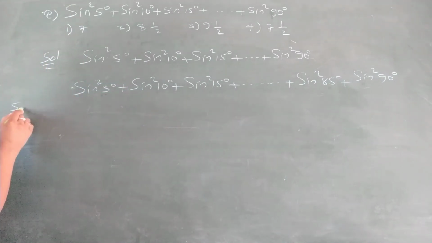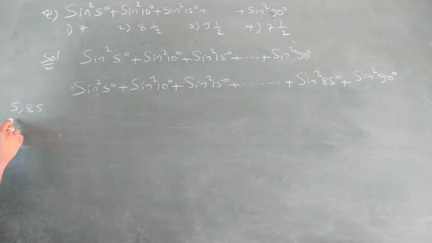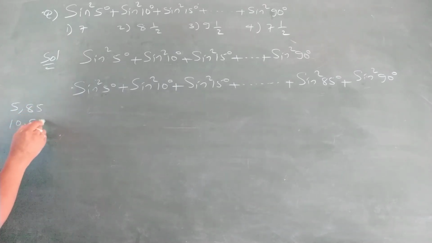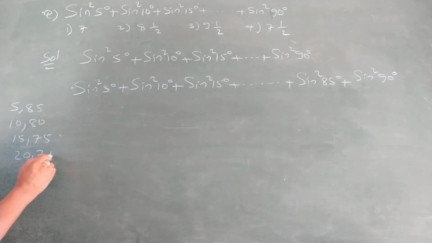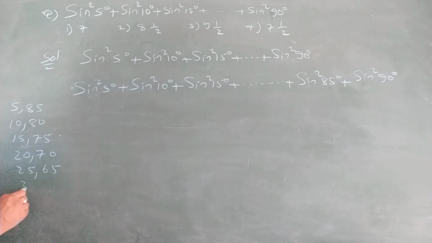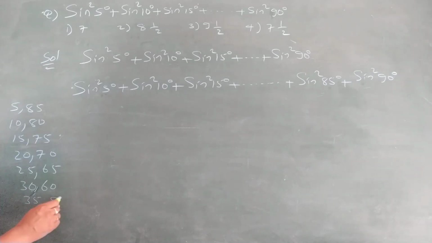So 5 and 85, 10 and 80, 15 and 75, 20 and 70, 25 and 65, 30 and 60, 35 and 55, 40 and 50, and only 45 is there, single.